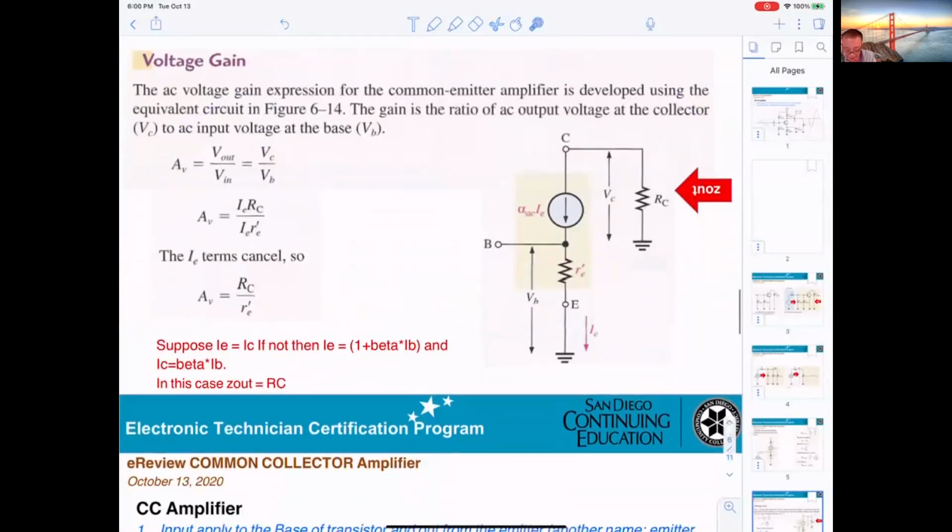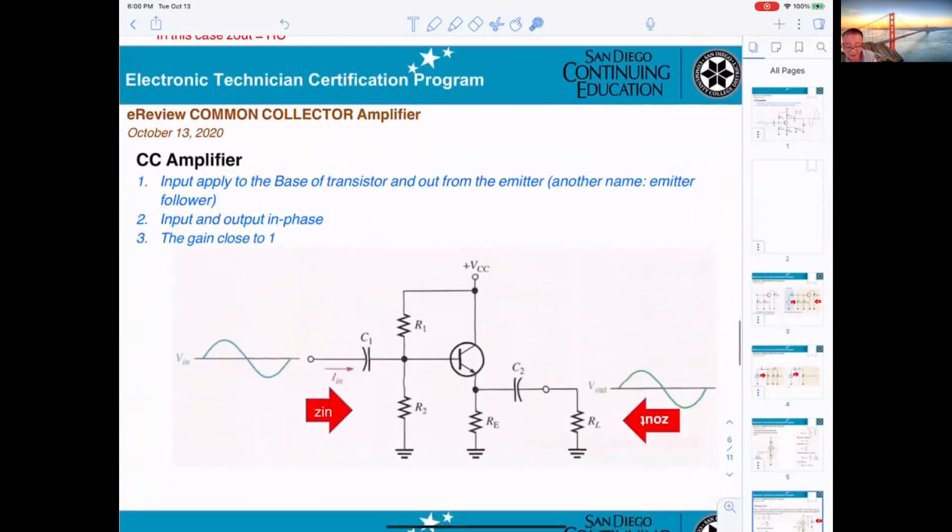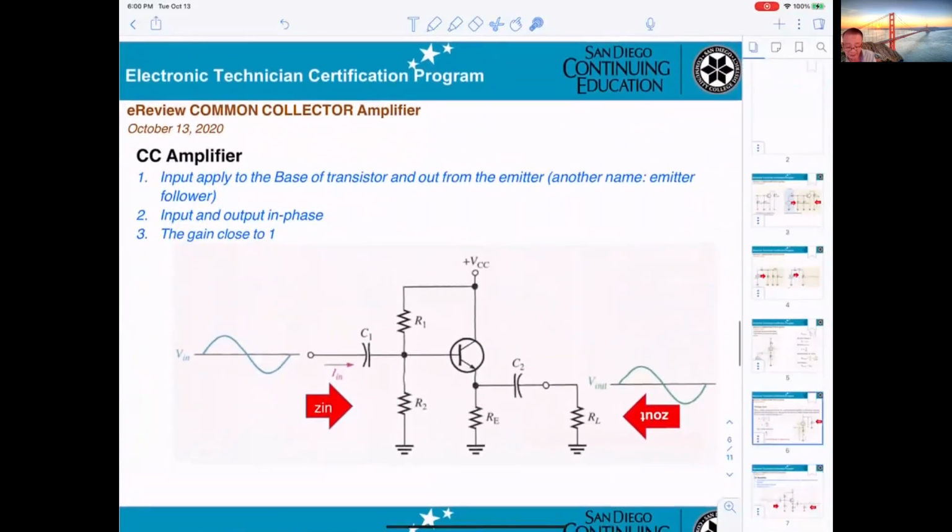Okay, let's see, what else? Now, go to common collector. That one will be easier. When you're looking into the circuitry, recognize the common collector: input is applied to the base, right here, and output is from the emitter.